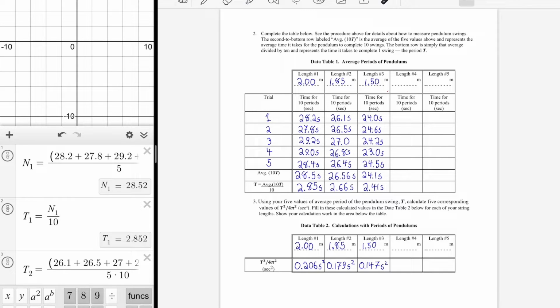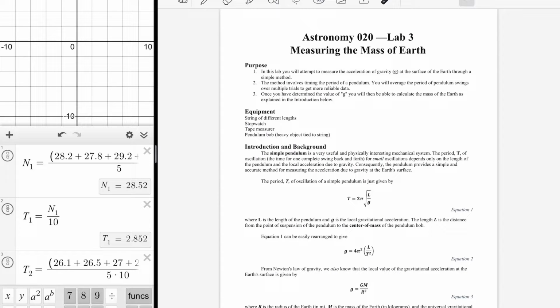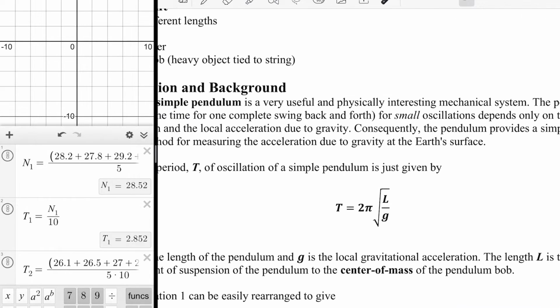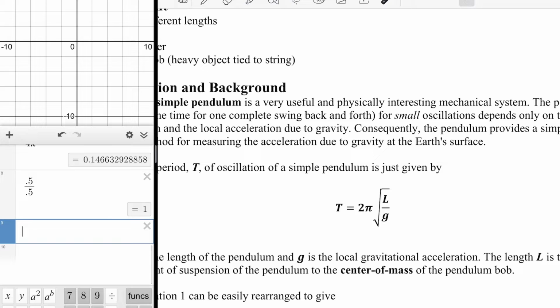I guess it could be that my values are a little off. Let's see, because I was doing them all based off of this hypothetical period, right? L over G. So let's see if maybe I did that wrong, because again, I was making up values. So let's check what a hypothetical period should be for, say, a 2 meter swing.